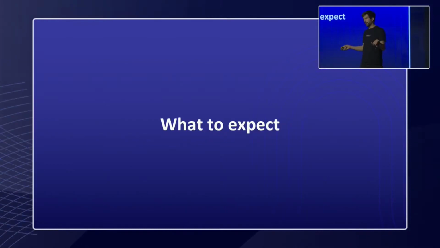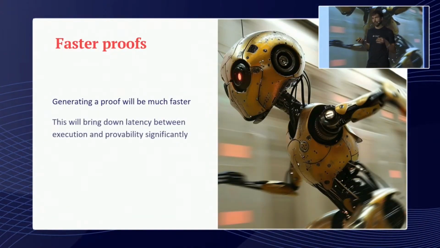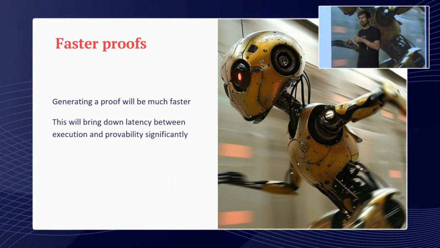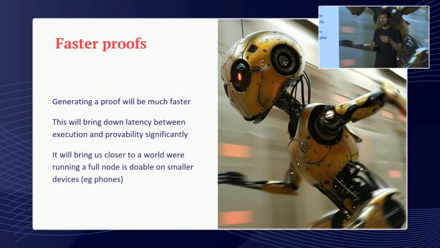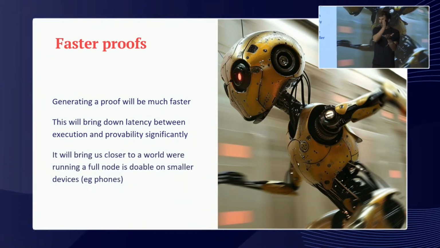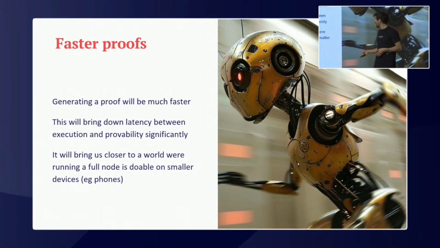But what impact will it have? Well, the first thing is you'll get faster proofs. This means that generating a proof will be done in a smaller time frame. Today, you may know that there is a delay between when a block is closed on Starknet and when it is actually proven.